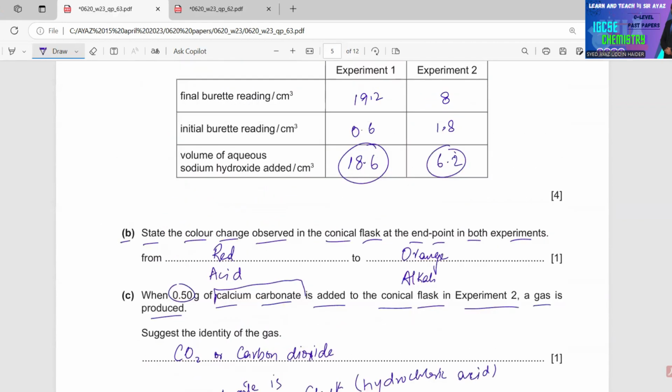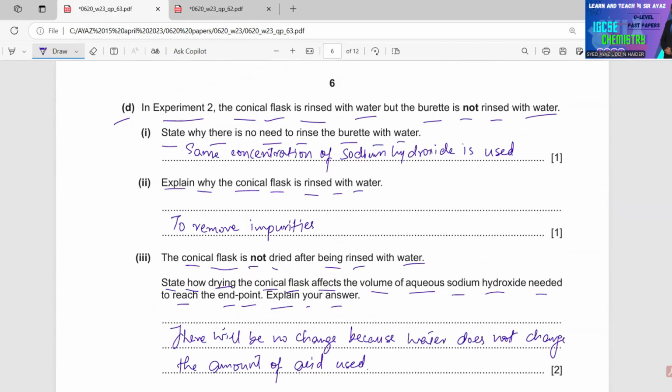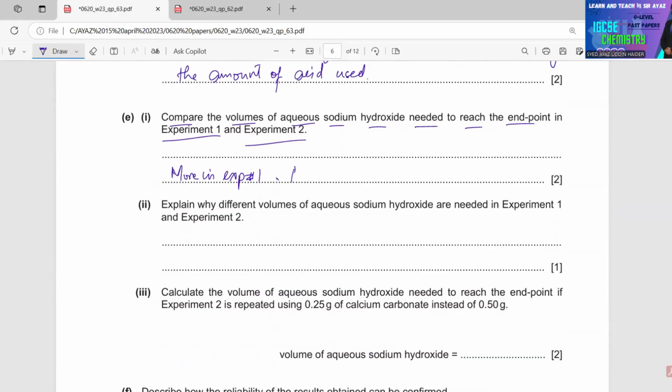Experiment 1, you have 18.6 and 6.2 in experiment 2.